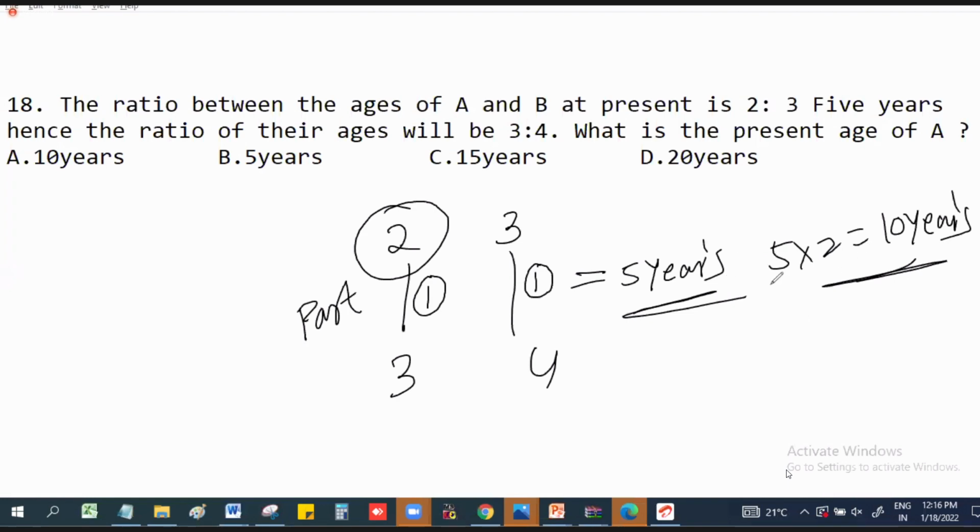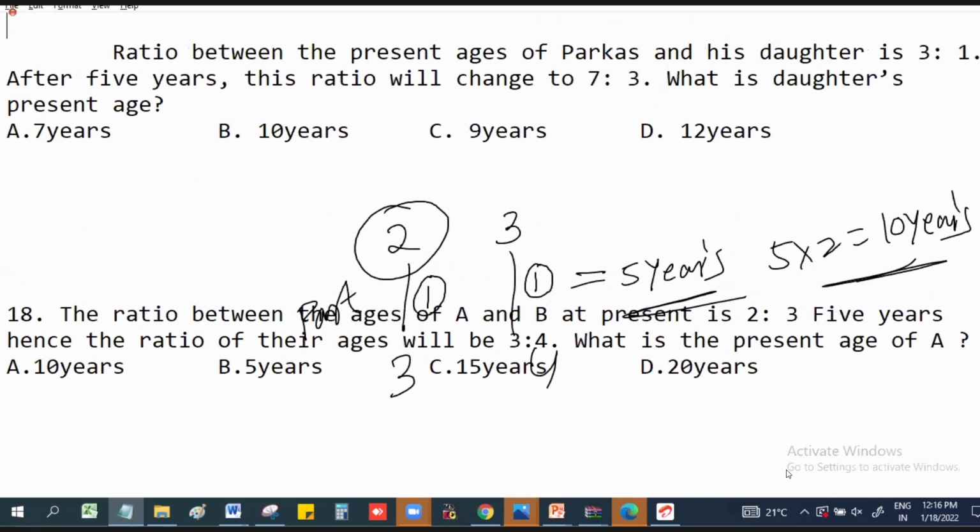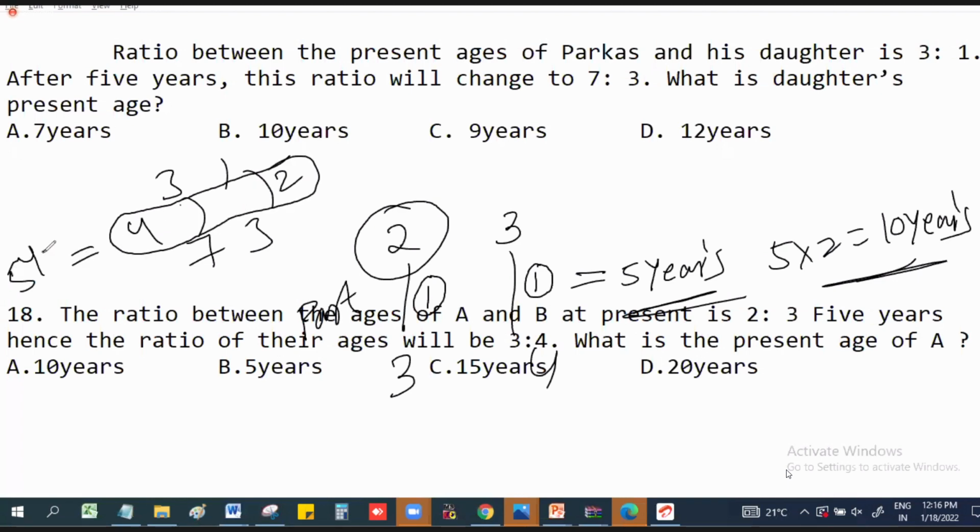Got it? But if you look at the next question, the ratio of the two persons is 3:1. After 5 years, the ratio is 7:3. What is the difference here? 4 parts. What is the difference here? 2 parts. When this is not the same, you can't equate that to 5 years.